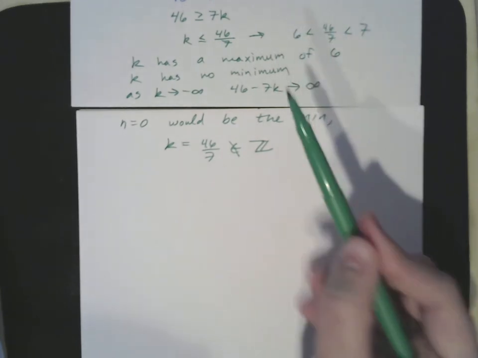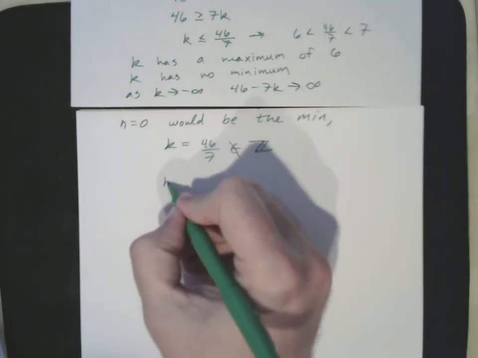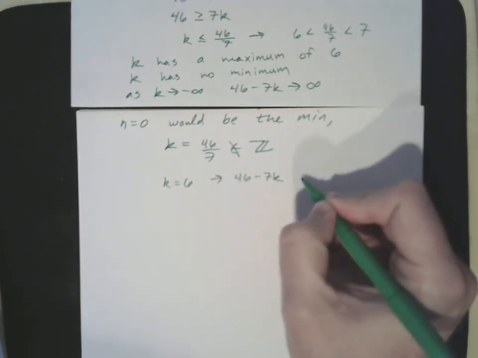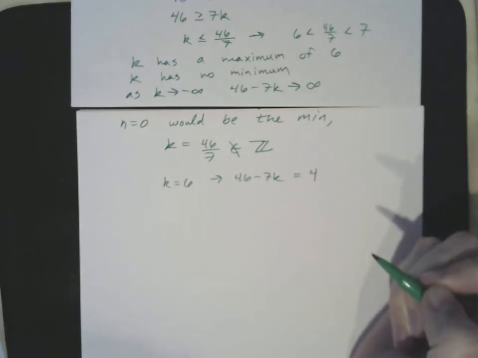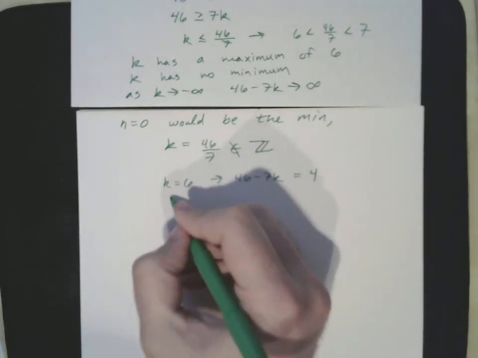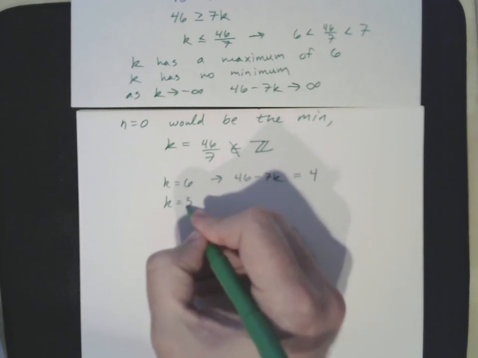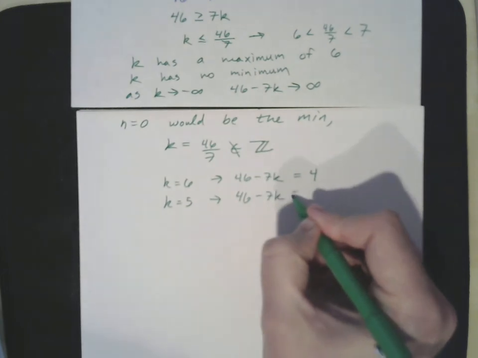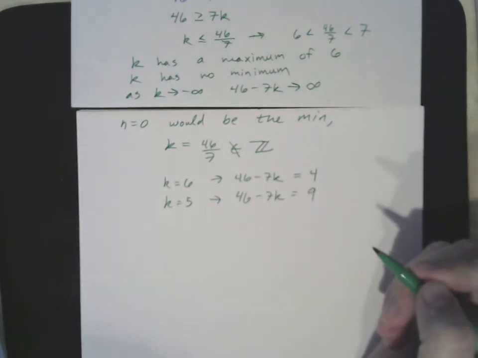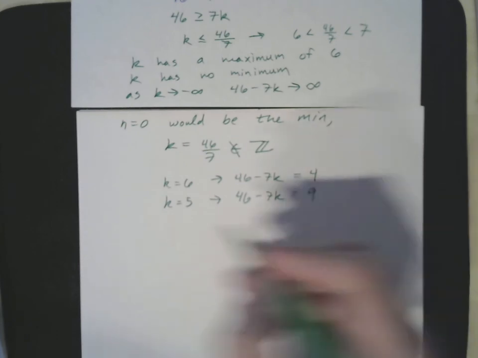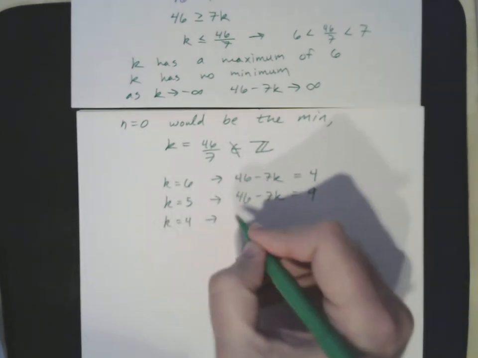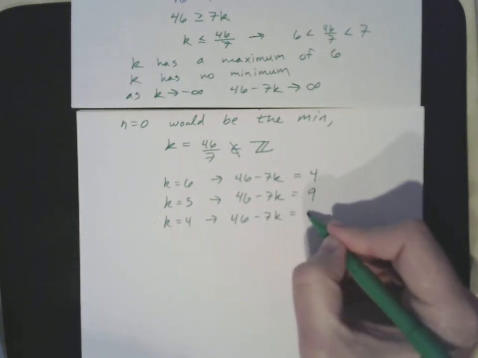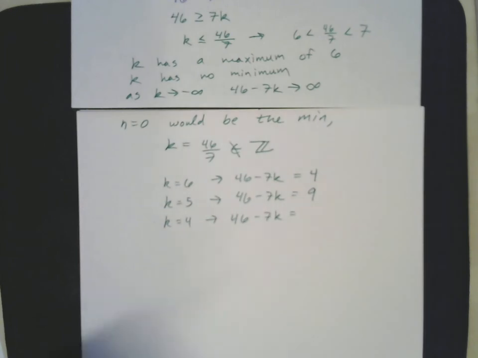So based on this inequality, when k equals 6, 46 minus 7k would equal 4. And that's the maximum, so just look at 5. If k equals 5, 46 minus 7k equals 9. If k equals 4, 46 minus 7k equals, what is that? 46 minus 28.